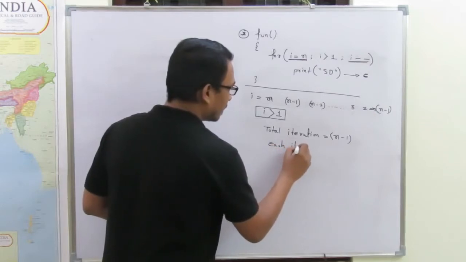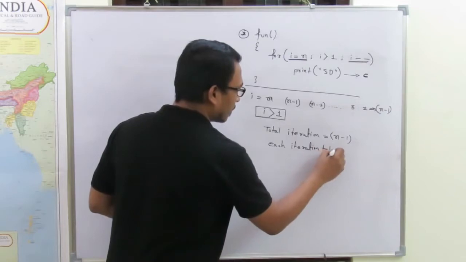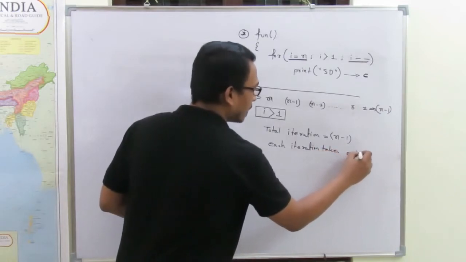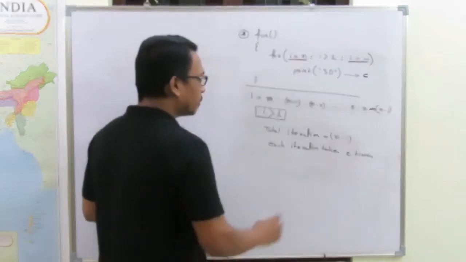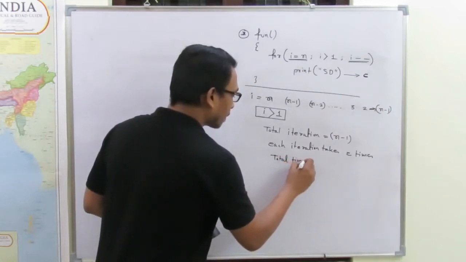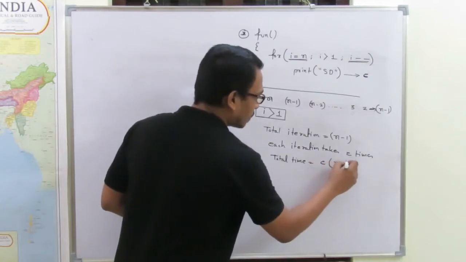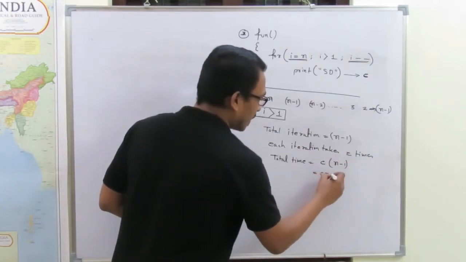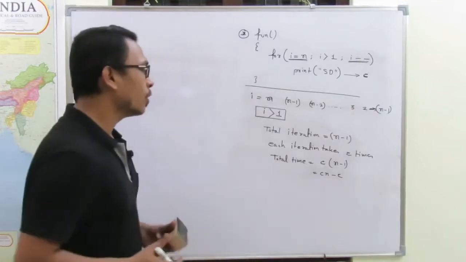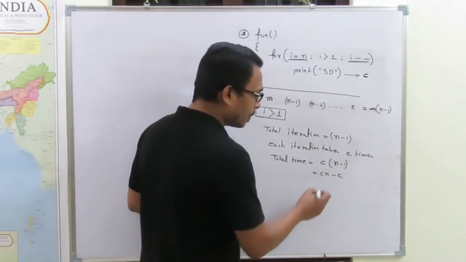Each iteration takes c time. That means total time will be c into n minus 1, that means cn minus c. So which term has the number of inputs?